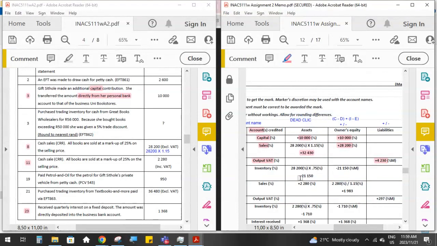So the left-hand side of my accounting equation must always equal the right-hand side. So the left-hand side of my accounting equation is assets. The right-hand side of my accounting equation is owner's equity plus liabilities. So on the left-hand side here, which is assets, I've increased it by 32,430.